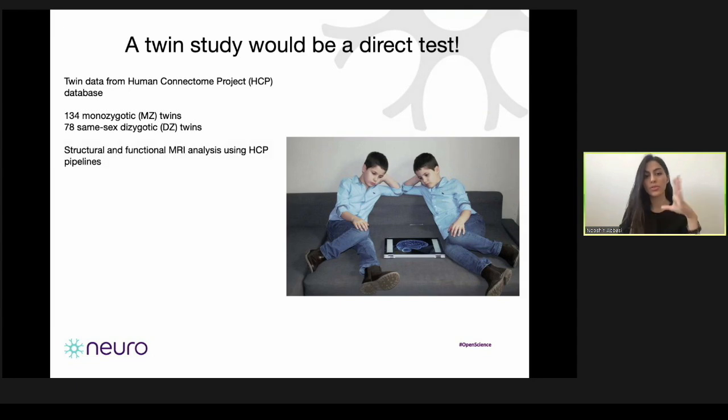And we included the structural and functional imaging, which were all fully analyzed by the HCP pipeline. The task that we were interested in was a working memory task. Blocks of faces, bodies, places, and tools were presented to the subjects, and subjects were doing either a 2-back or 0-back task.